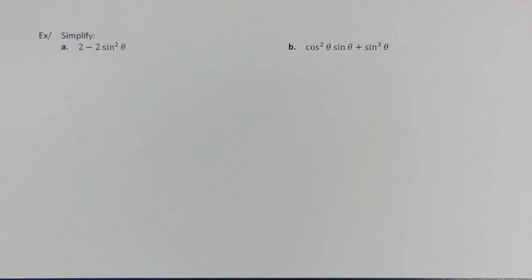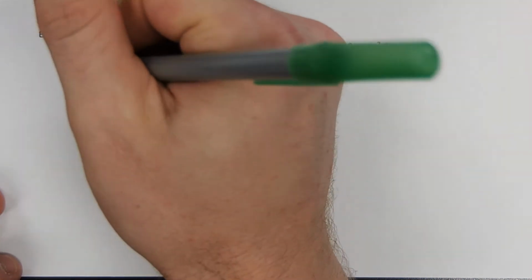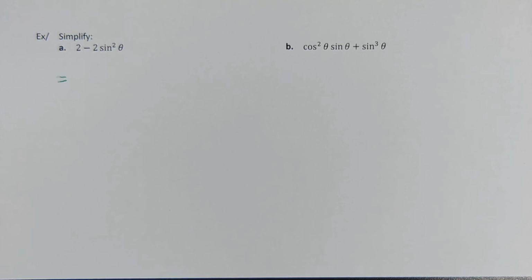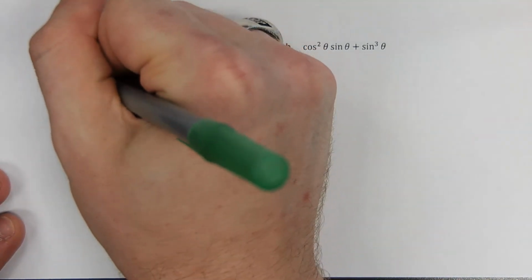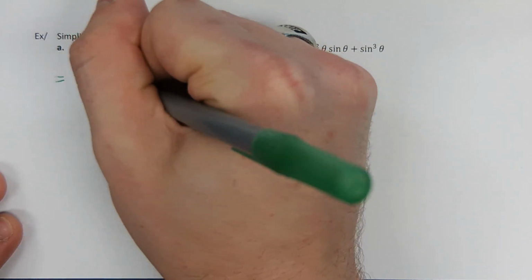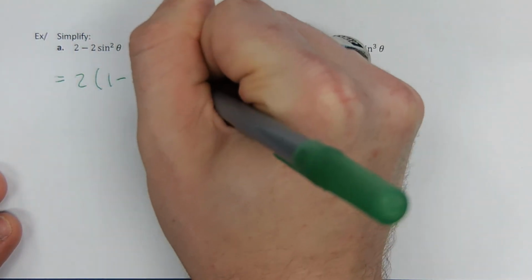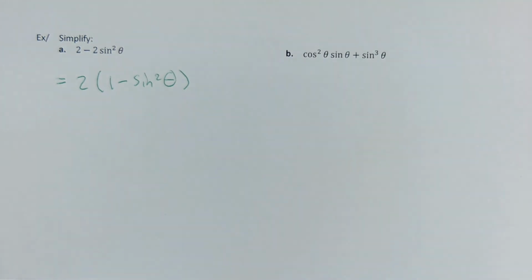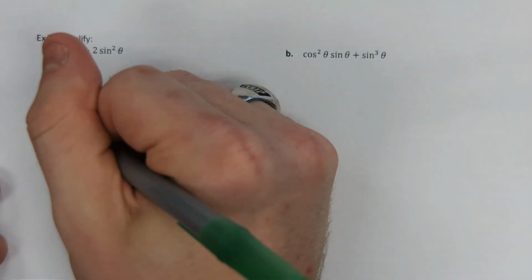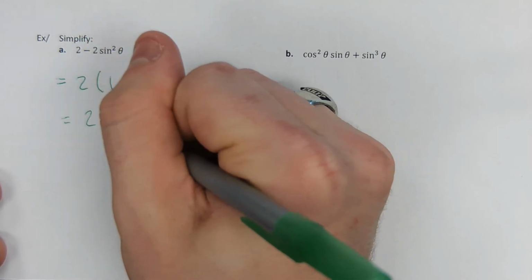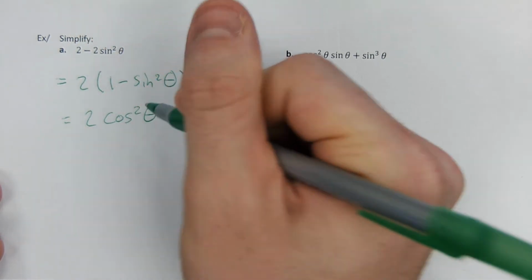So this one, what I see here is something that factors with a GCF of 2. And 1 minus sine squared theta, that's cosine squared theta. But where did that come from?